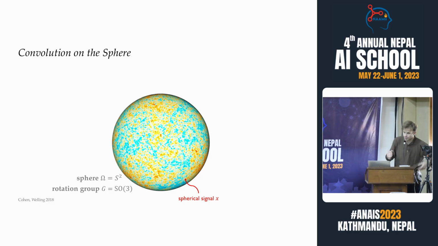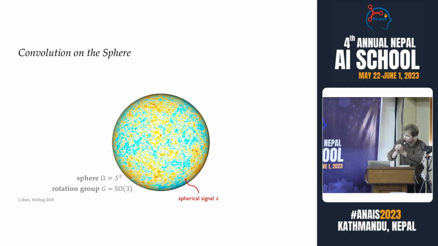This symmetry group is much bigger than what we've seen so far. We often denote it by SO(3). I won't go too much into the details of this, but the people that developed this convolution on the sphere are Taco Cohen, Max Welling, and many other people also.